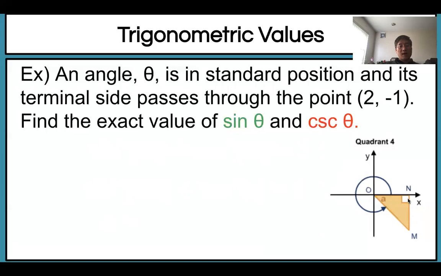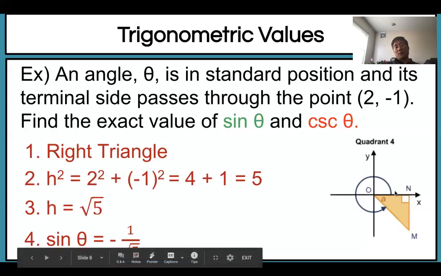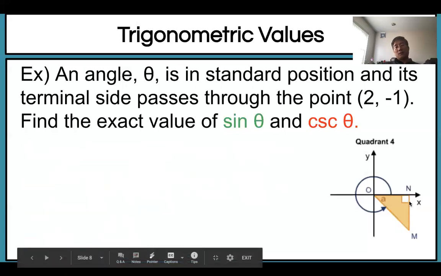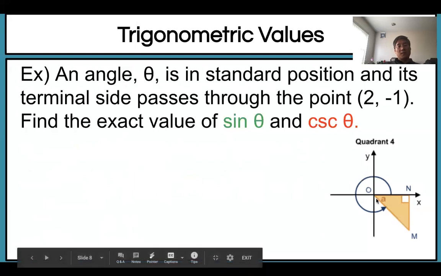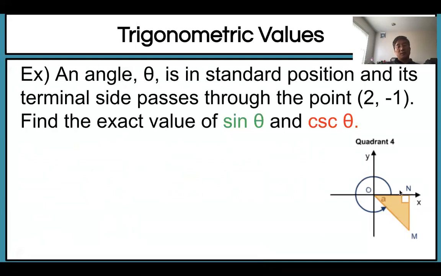Sine is opposite over hypotenuse, right? What is opposite? Opposite is the vertical line, which is the y value, -1. And what is the hypotenuse? We don't know. But we know adjacent. So from opposite and adjacent, you can use what?